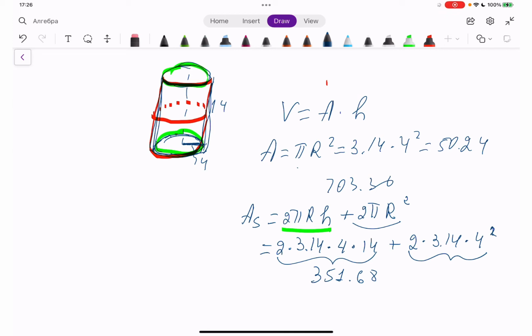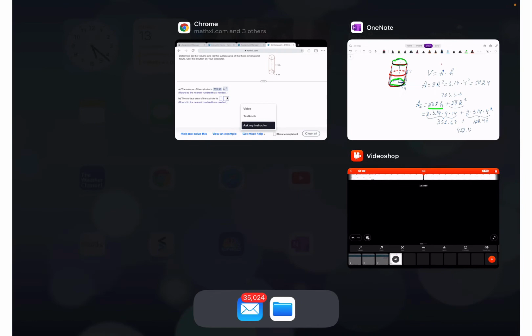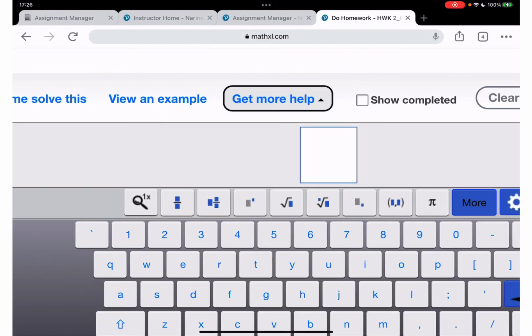And then this part is going to be 6.28 times 16, and we are getting 100.48. Now if we add to each other, plus 351.68, we are getting 452.16, and this is going to be our area of our surface, 452.16.